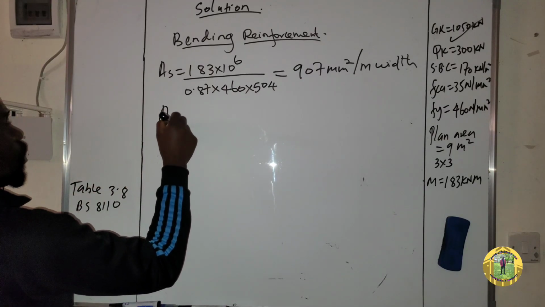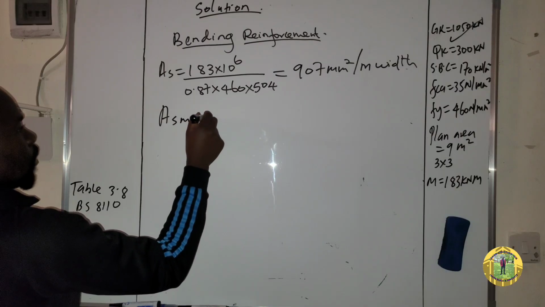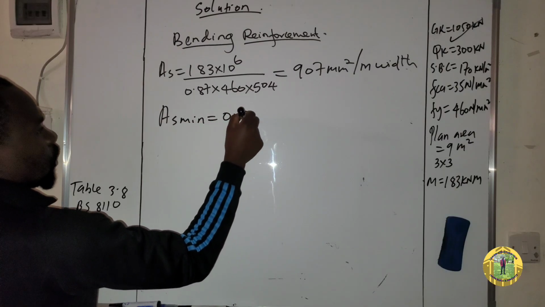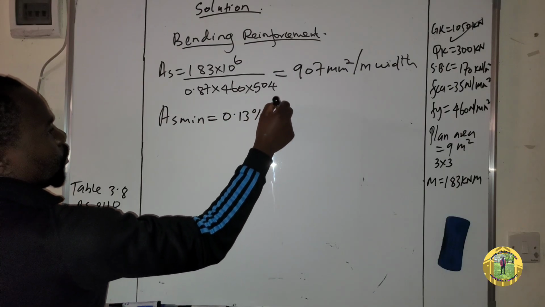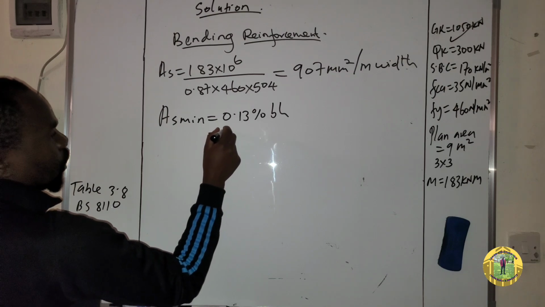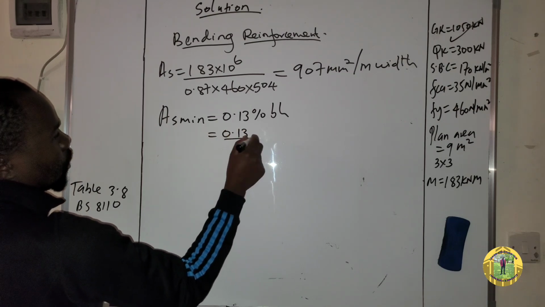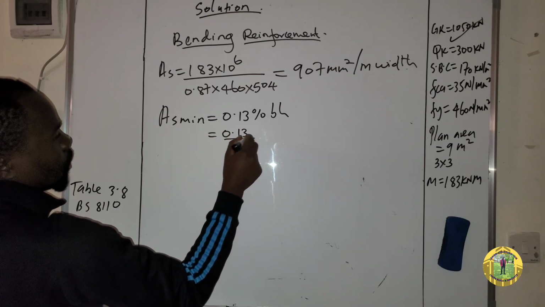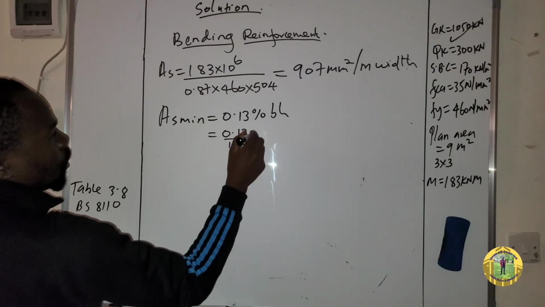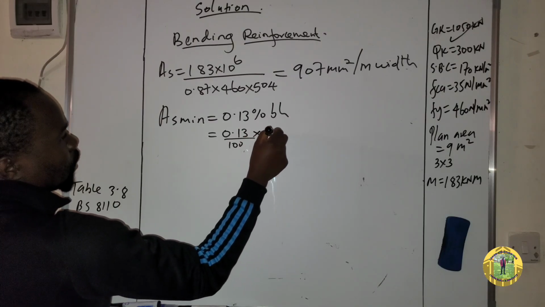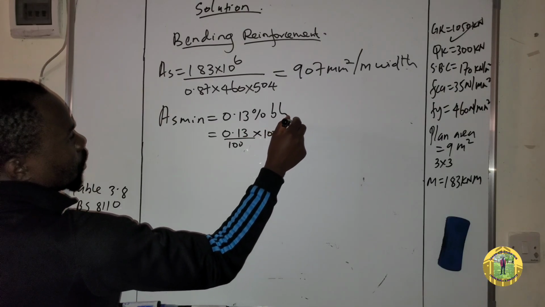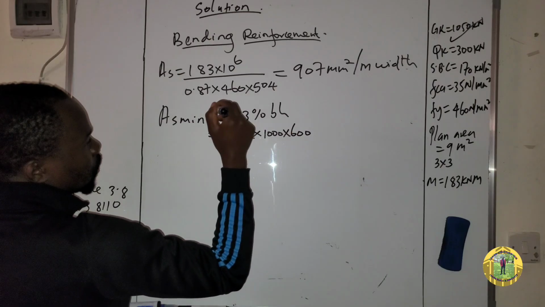So A minimum is equal to 0.13% of BH. So this one is 0.13 over 100 times B is 1000 times H is 600.